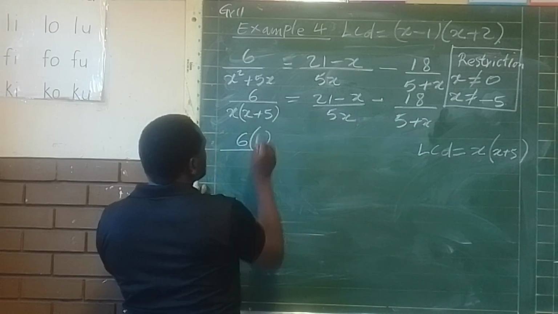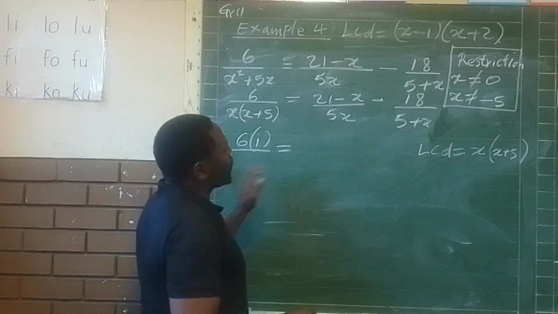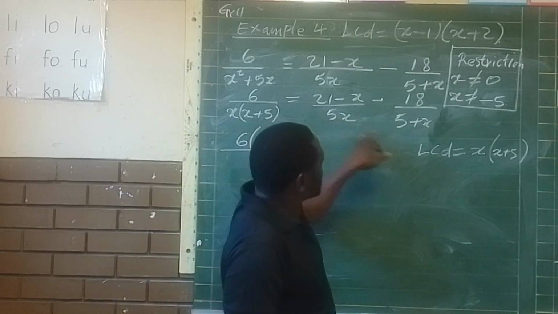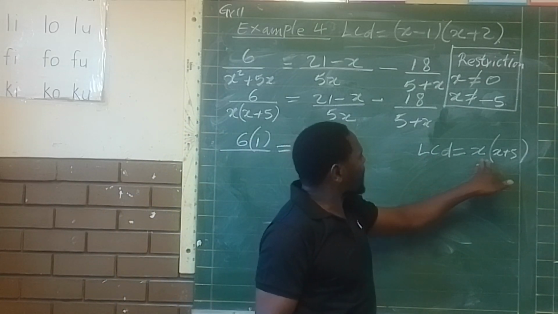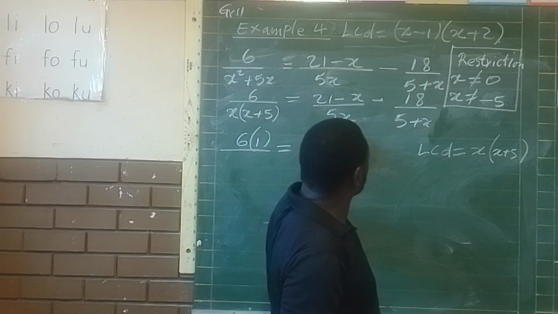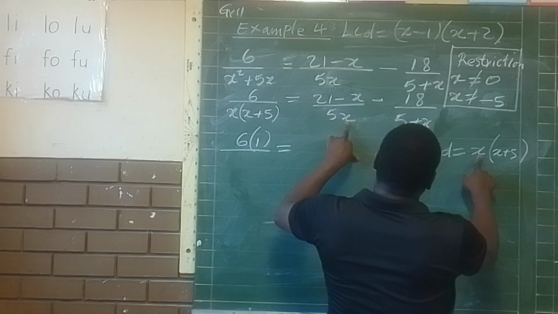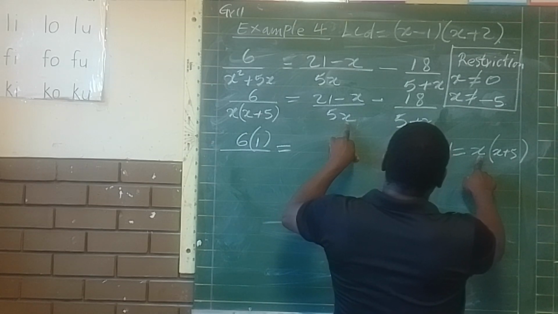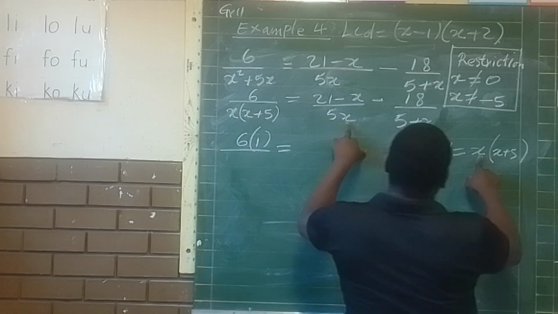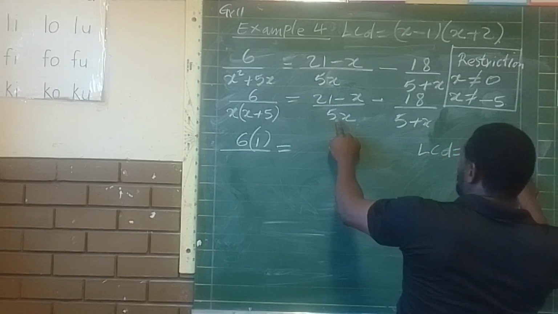1 times 6 is 6 equals to 5x, x plus 5 times x divided by 5x. The x goes, you will be left with what? You will be left with x plus 5 times 5.